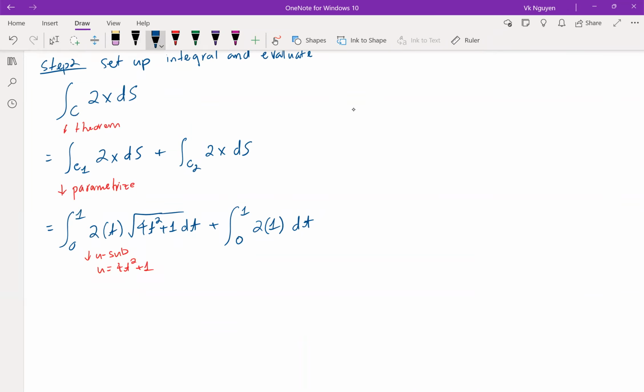So you do the u-sub here. Let's see what we get. There's going to be 8t, right? 2t over 8t, so it's 1/4. And then a half plus 1 is 3 over 2, so times 2 over 3, (4t squared plus 1) to the 3/2, from 0 to 1. And this one right here is just 2 times (1 minus 0).